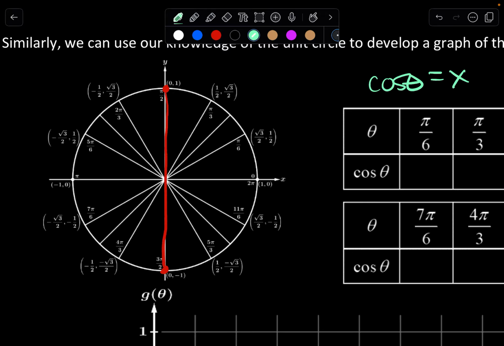If we travel to the right, we're going to see that family of 3s. We're still closer to the y-axis, so we're going to have an x-coordinate of 1/2. And then we have our family of 4s in here, but they're not going to be in our table, which is okay. But those are our root 2 over 2s. And then family of 6s, we have root 3 over 2. And then finally, the furthest distance out will be our 1, okay?